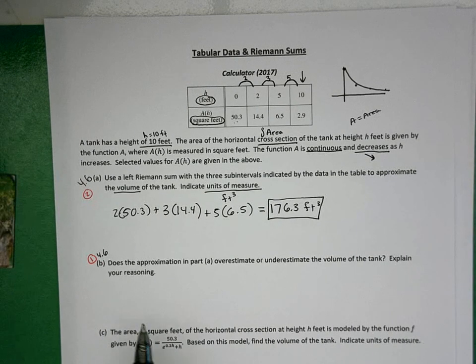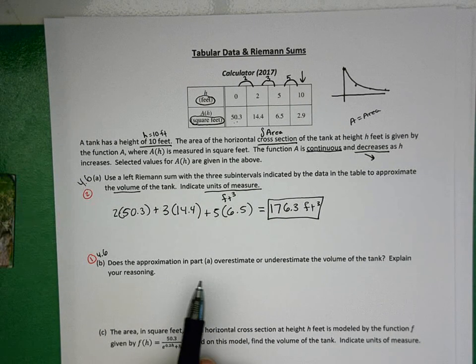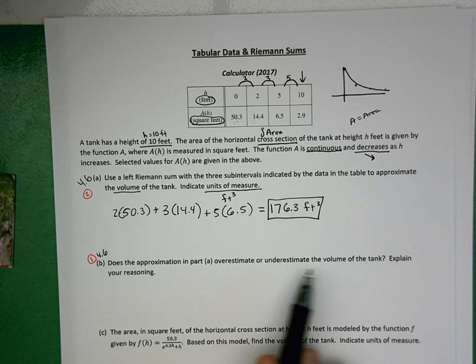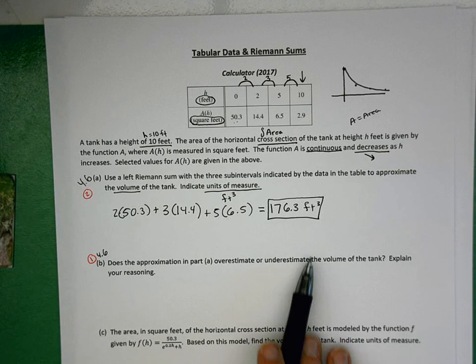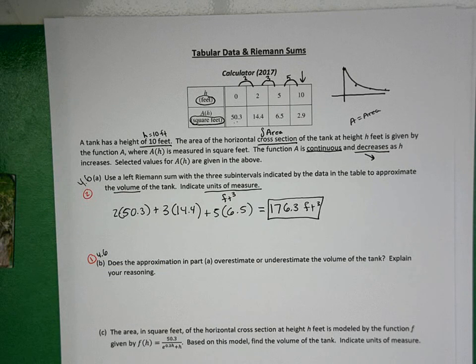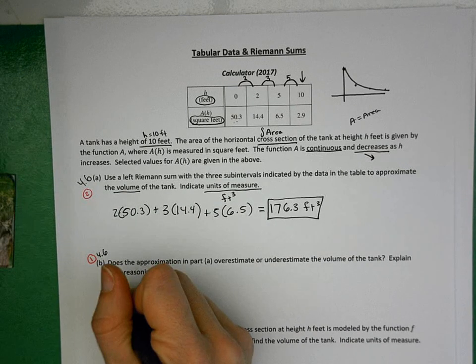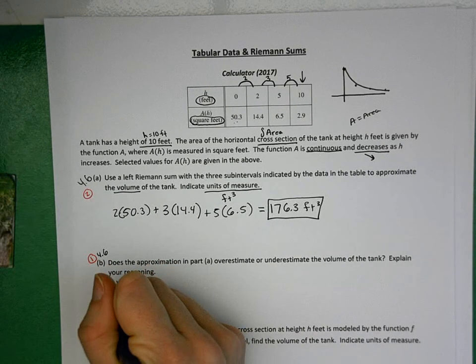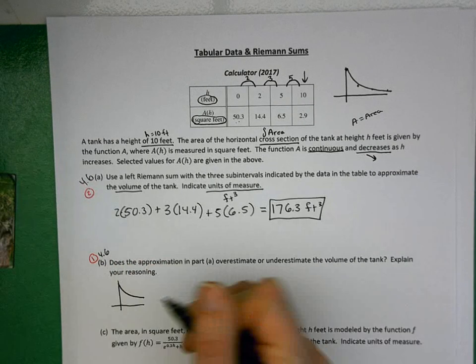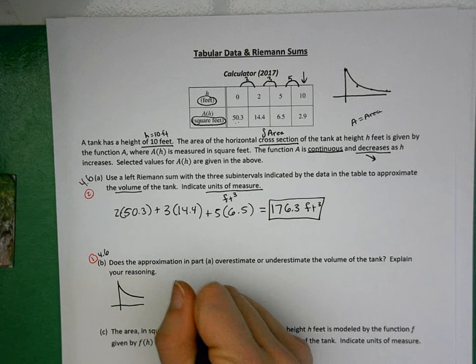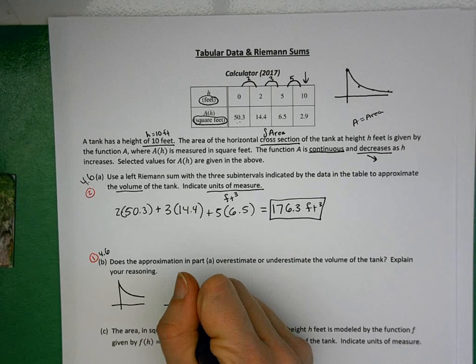Okay, does the approximation in part A overestimate or underestimate the volume of the tank? Explain your reasoning. Okay, well, my approximation in part A was a left-hand Riemann sum. And if you look in your 4.6 notes, we drew in what a left-hand Riemann sum would look like for a decreasing function and what a left-hand Riemann sum would look like for an increasing function.